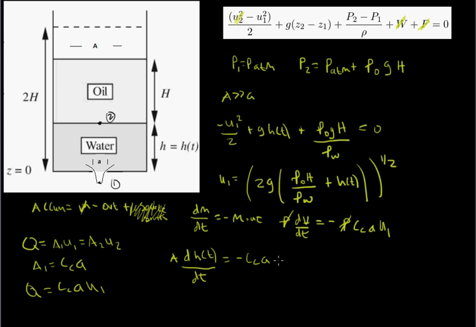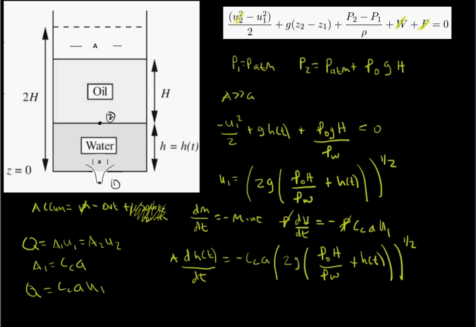and then I can plug this expression in. I'll go ahead and do that now. So it would be times 2g rho of oil times capital H over the density of water plus h of t, and we'll take the square root of that.